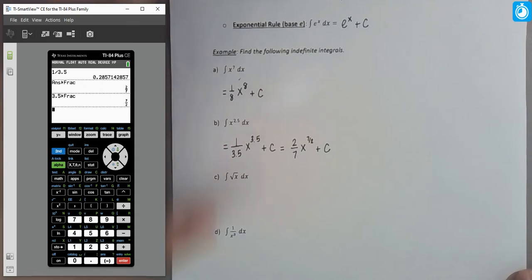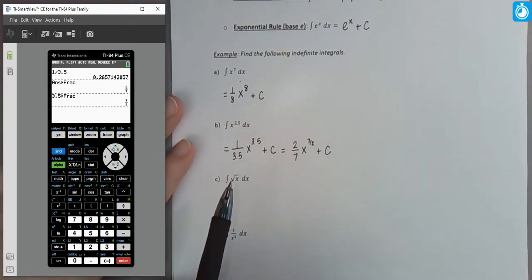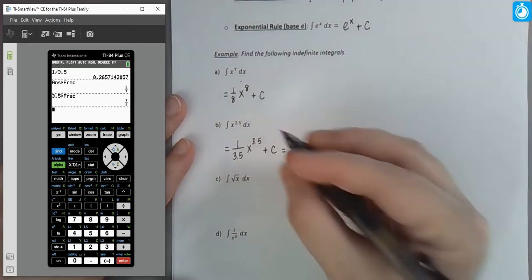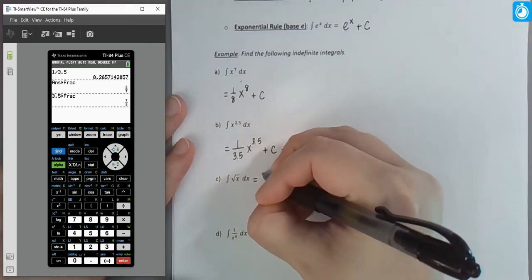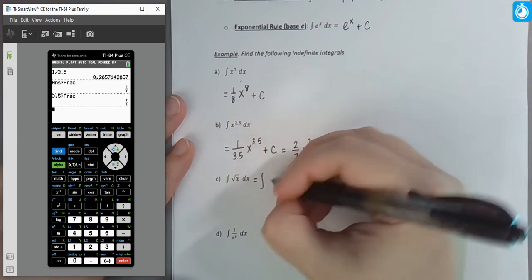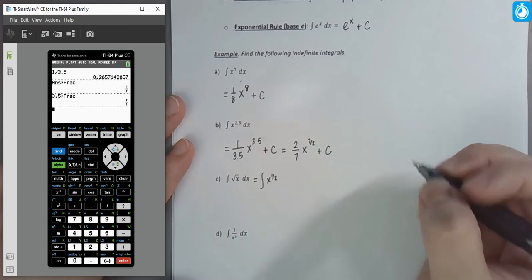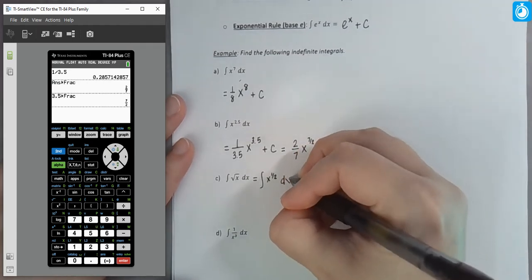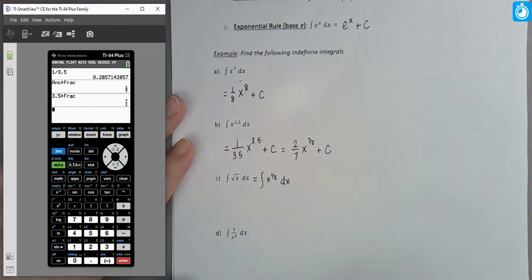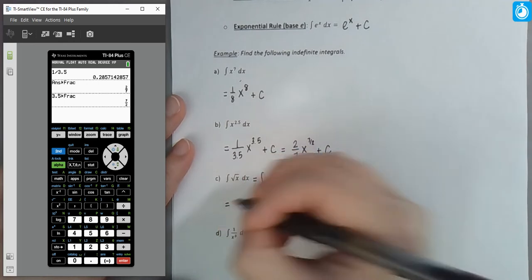Now what about the next example? Well, we're familiar with what to do with square roots at this point. What we do with them for differentiation, we also do with them for integration. So I'm going to start by rewriting this in the form that we typically rewrite it in, which is in fractional exponential form. And that's going to be the function I'm going to anti-differentiate.